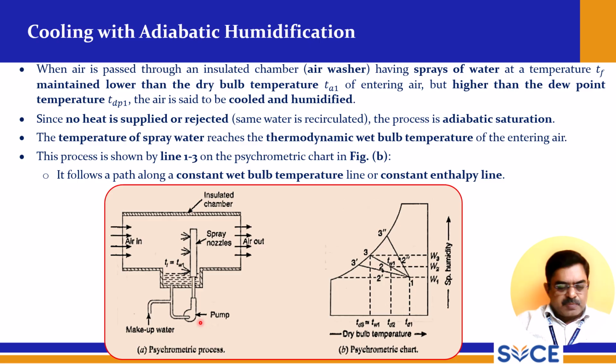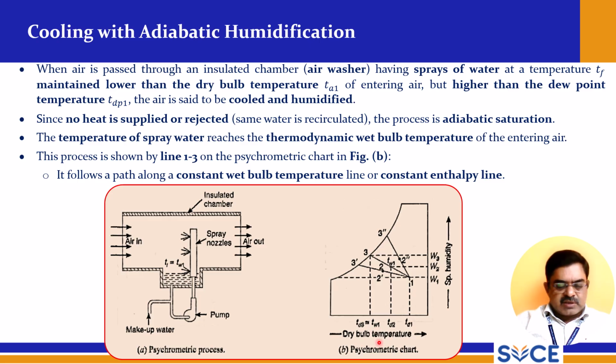The pump is used to spray the water, and this is the makeup water, and here the cyclic process takes place. So T1 equals TW, and W1, W2, W3 correspond to TD1, TD2, TW1 and TD3. So TD3 and TW1 become equal.